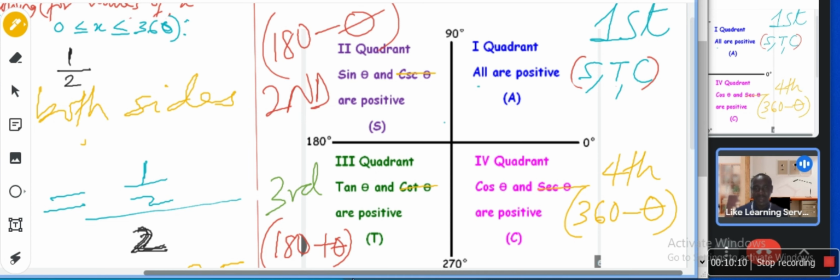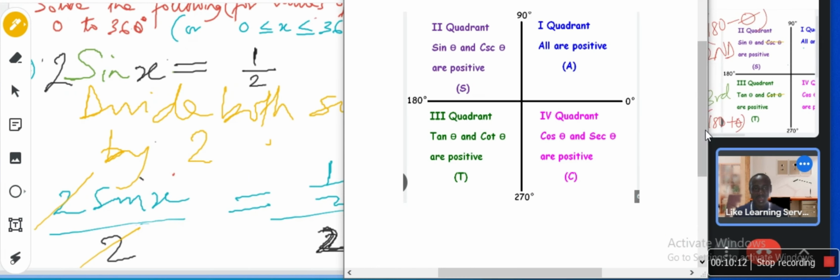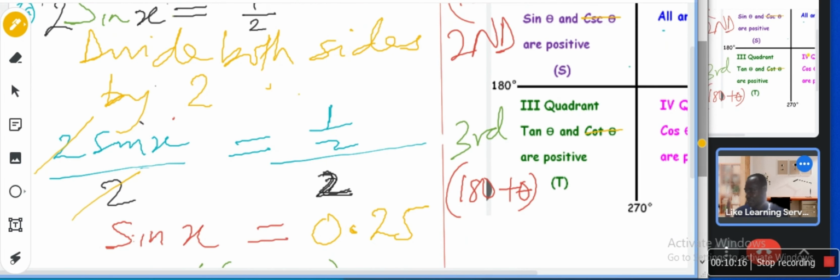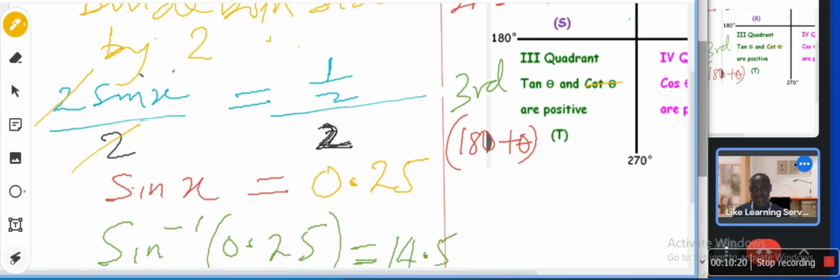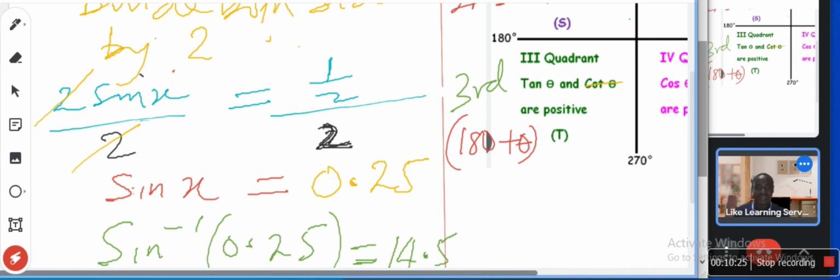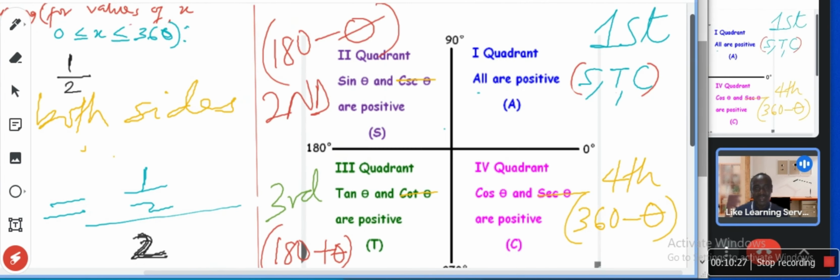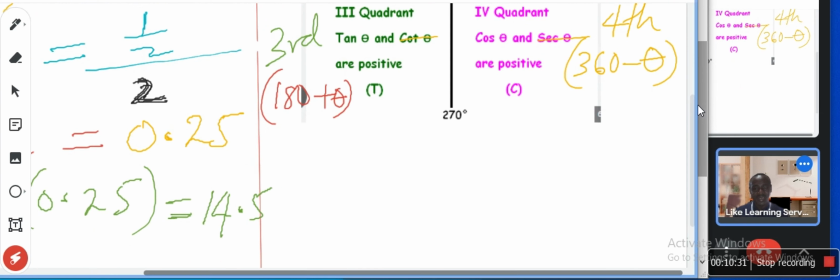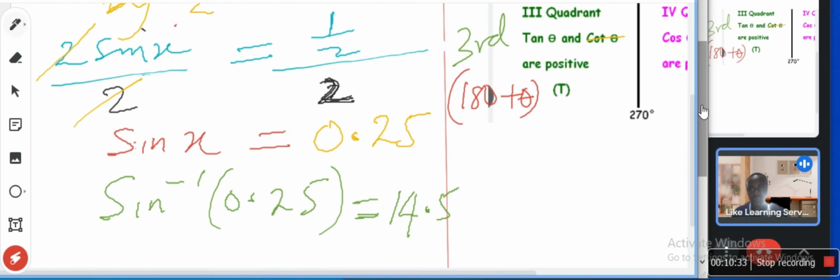Okay, so let's go. You said sine is positive in the first and second quadrants. And I said the value of the angle is 40.5, right? So I will just write theta equals 40.5 to start with.